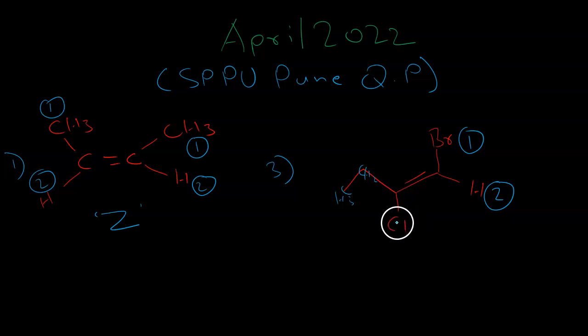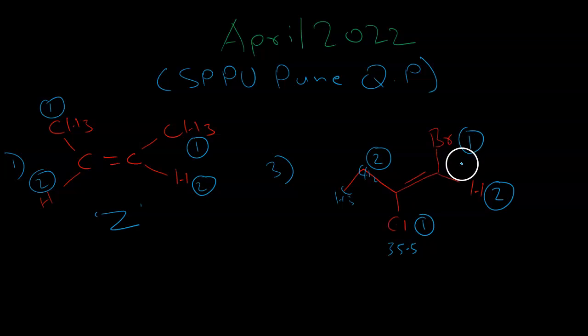The atomic weight of chlorine is very high, almost 35.5. So this will have the first priority and carbon will have the second priority. Though it is a longer chain, it will not have the highest priority because we have to see the directly linked atom. Now in this case you can see both the highest priority atoms are opposite to each other.